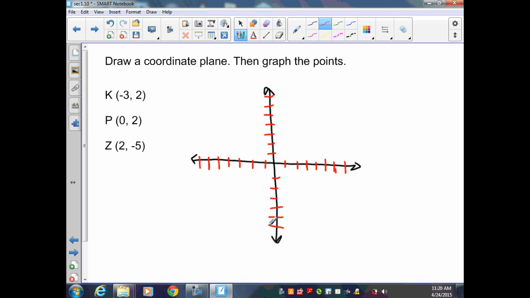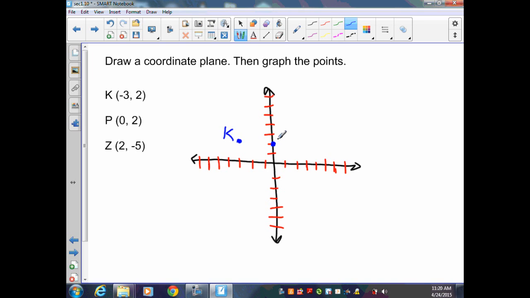Now what I do is I graph the ordered pair that's given to me. And here I have -3, 2. -3, 1, 2, 3, and then up 2. So I estimate the best I can, and then I'm going to label that point K. That's in quadrant 2. 0, 2. 0, up 2.